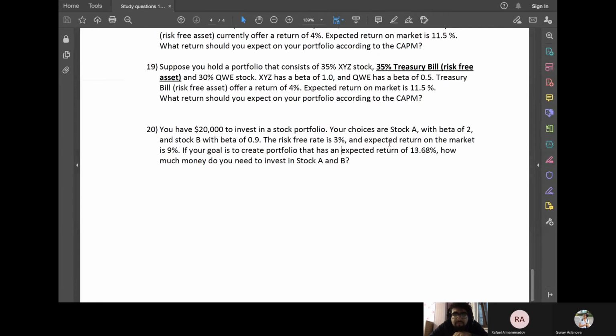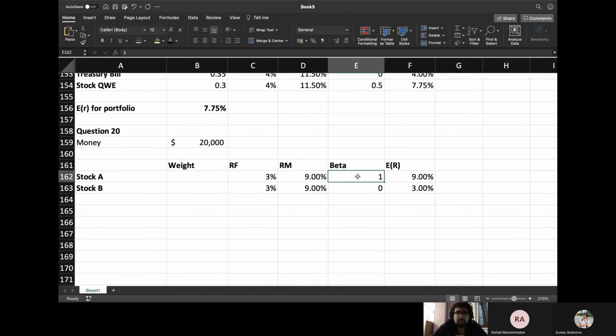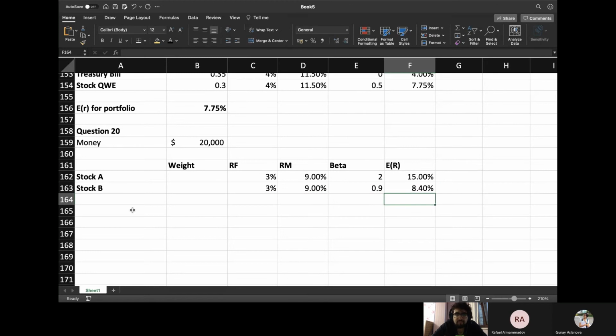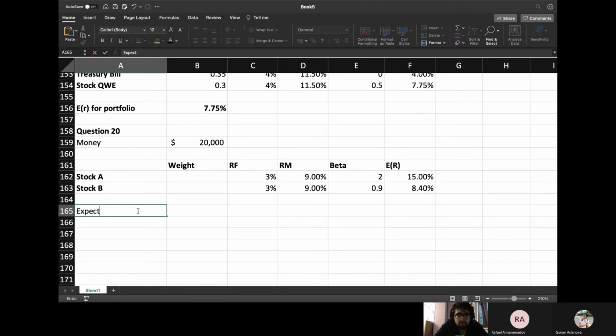Stock A beta is 2. Stock B beta is 0.9. And the corresponding expected returns. Our target expected return is 13.86%.